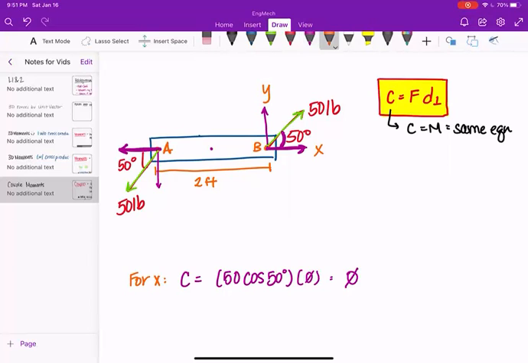But now let's look at Y. So for Y, the couple is still going to be the magnitude of the force, which is some scale of 50. And because it is the side opposite to this angle, or the side that it's not touching, it's going to be the sine of that 50 degrees.